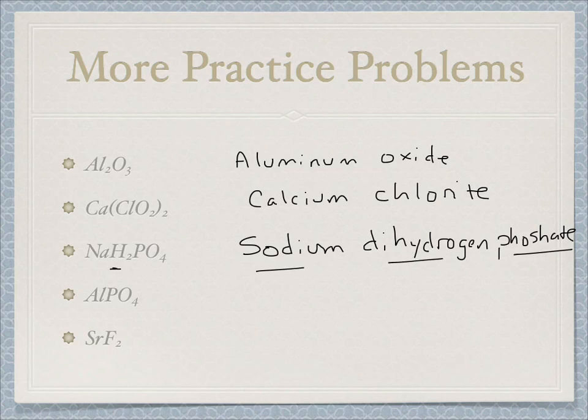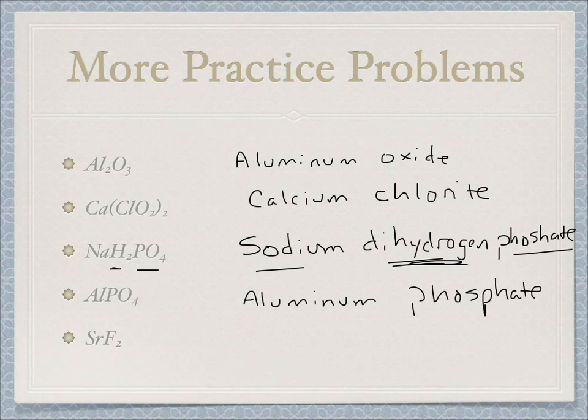So when you have a hydrogen in the middle, a lot of times you'll get a hydrogen or a dihydrogen in the middle of this particular thing. Most of them don't, but some of them do. Alright, AlPO4 would be aluminum, and we did this one the other day, phosphate. And then we have strontium fluoride.